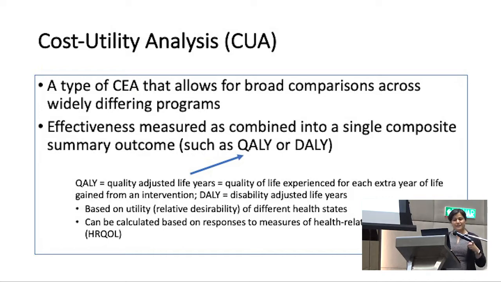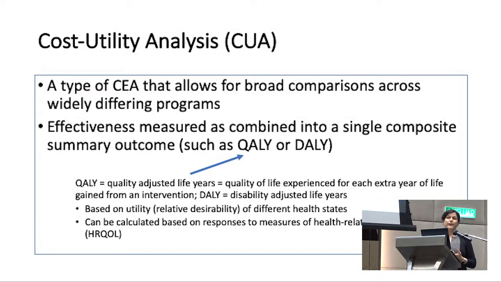So your effectiveness is measured and combined into a single composite summary outcome, such as QALYs or DALYs. QALYs are quality adjusted life years, so it's essentially asking what is the quality of life experience for each extra year of life gained from an intervention.